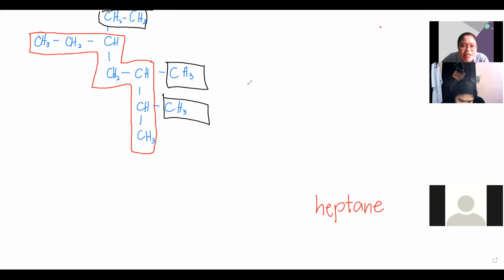Okay, sige. So we will be naming our substituents. We have here a methyl, another methyl here, and then we have here an ethyl. So we will be arranging them alphabetically later.